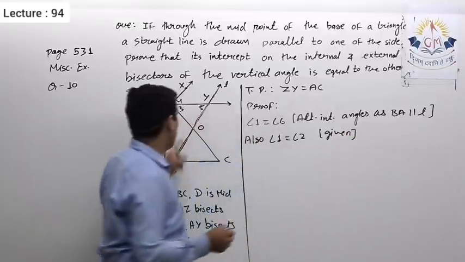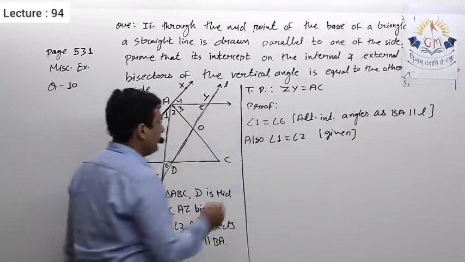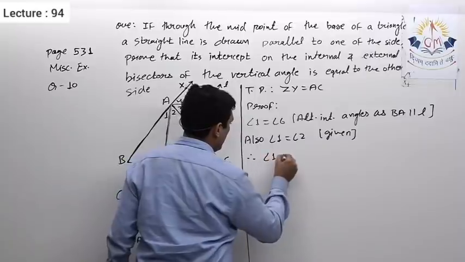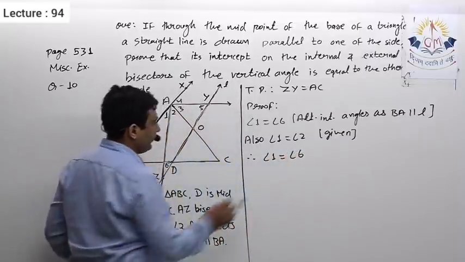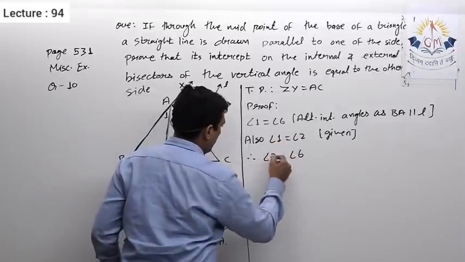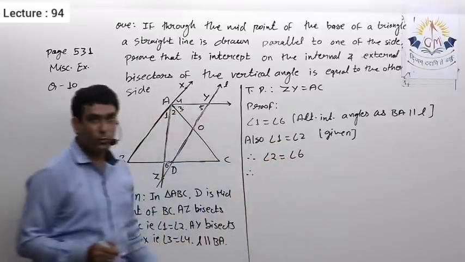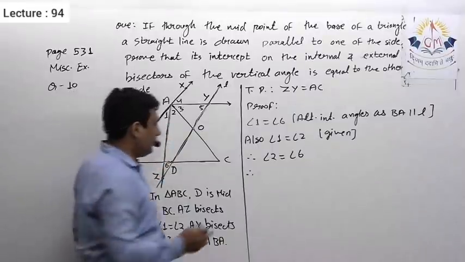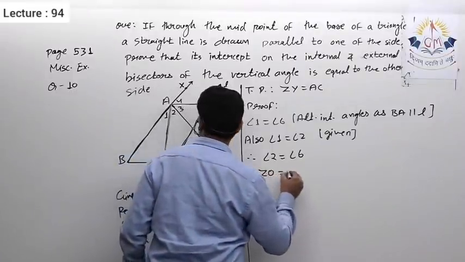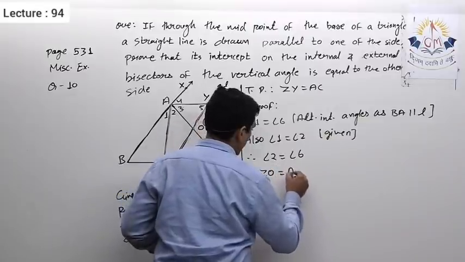Therefore angle 2 is equal to angle 6. As angle 2 is equal to angle 6, I can say ZO is equal to AO.